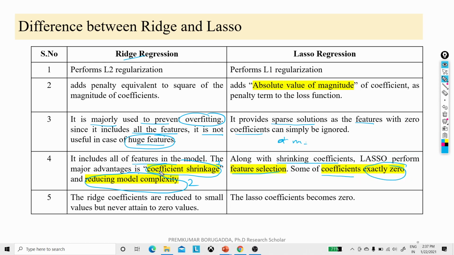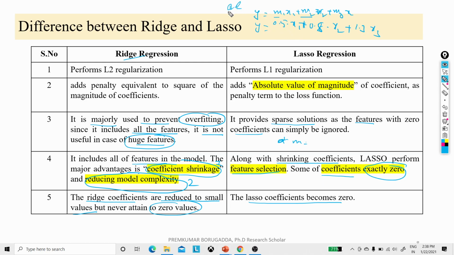In ridge regression, the coefficients are reduced to small values but never attain 0, but in lasso the coefficients become 0. Say y is equal to m1 x1 plus m2 x2 plus m3 x3. Suppose m1 is 0.5, m2 is 0.8, and m3 is 1.3.